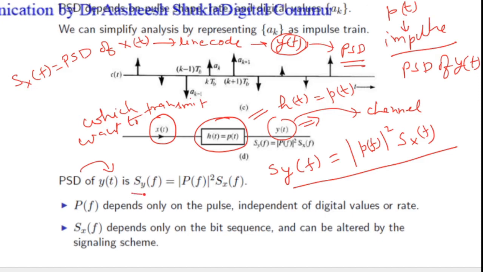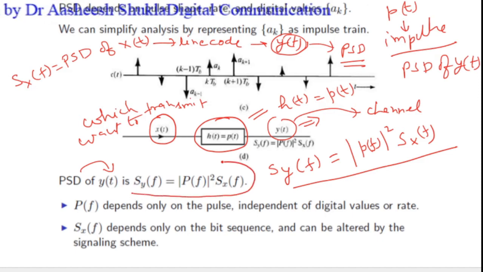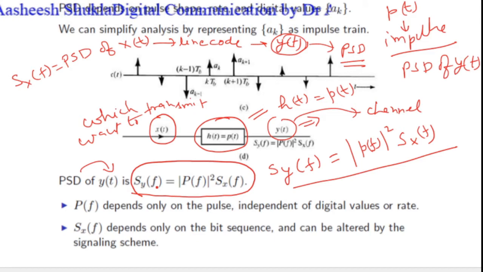Now see, from this formula we can see that the power spectral density of yt can be calculated with the help of this formula, that is SY(f) = |P(f)|² · SX(f).